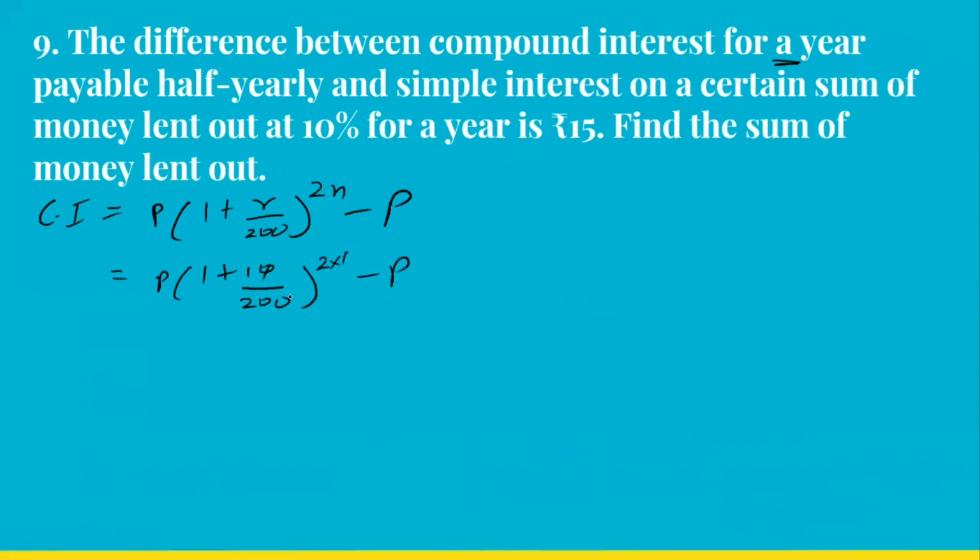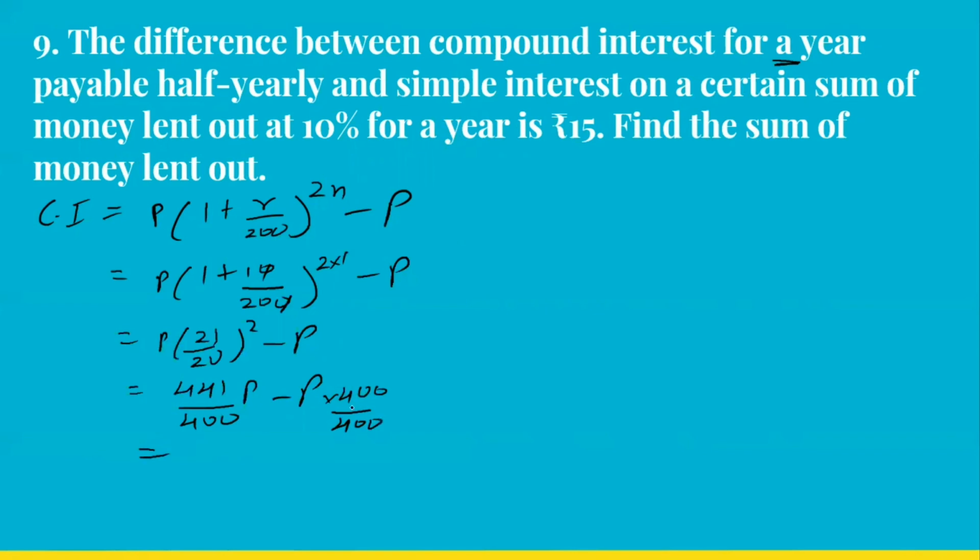So simplify this. You get this as 21 upon 20 square. So this is P into 21 upon 20 square minus P. So which you get as 441 upon 400 P minus P. Take LCM, you'll have to multiply by 400, divide by 400 here.